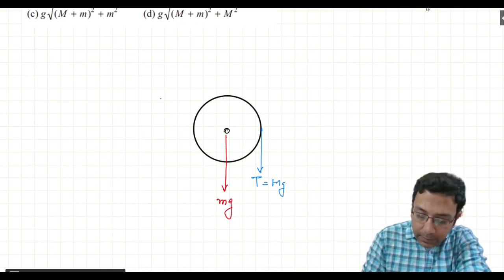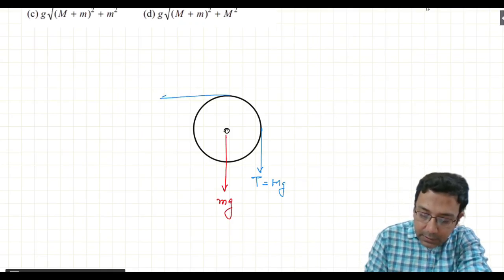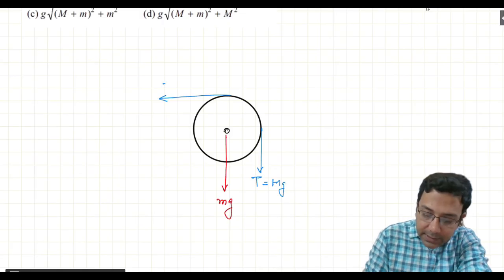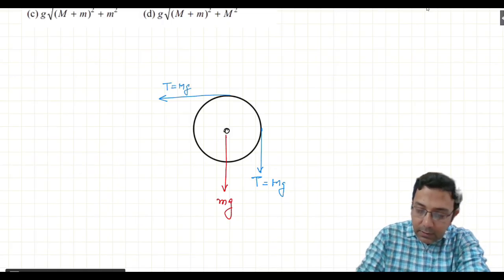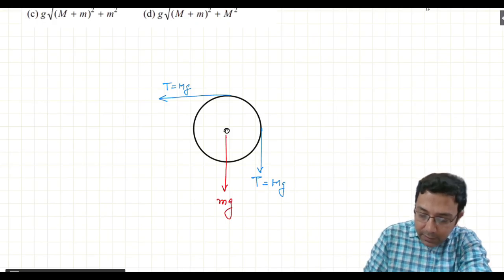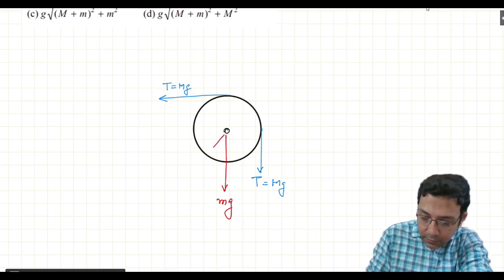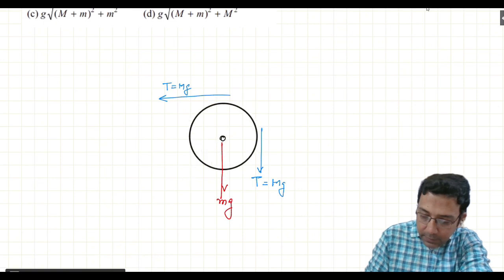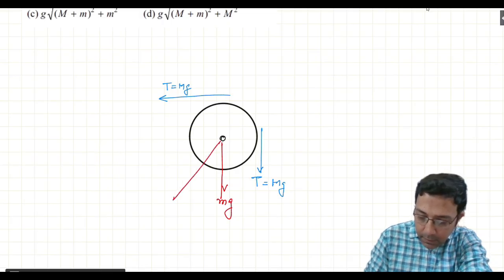We have the same tension going to this side also, so tension equal to Mg will be on this side also, and we have a reaction force.